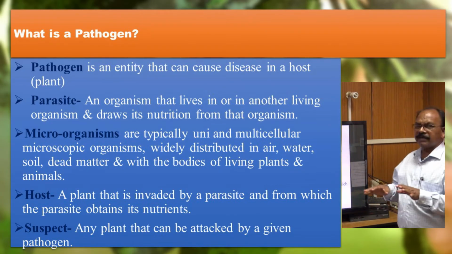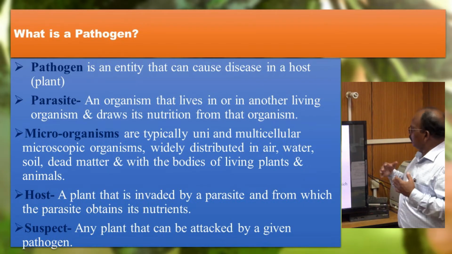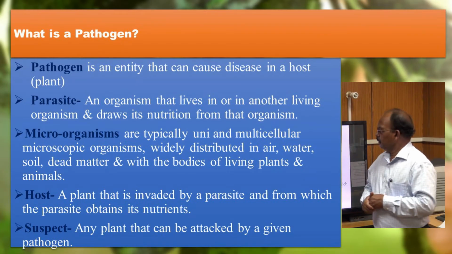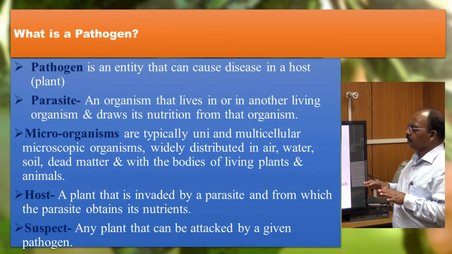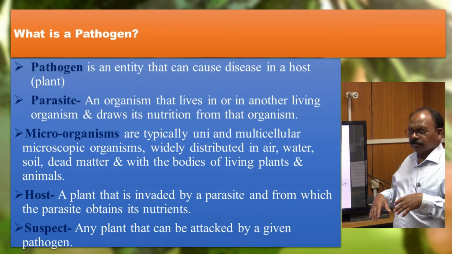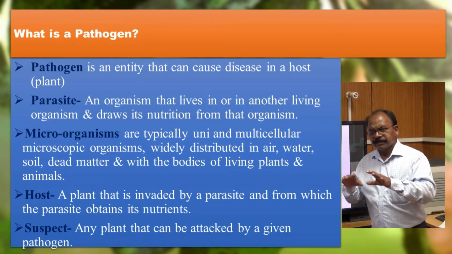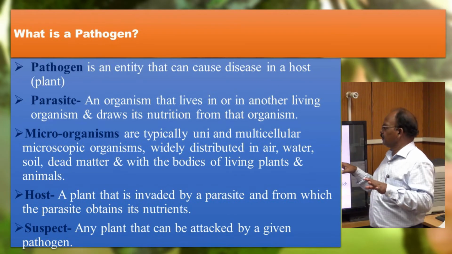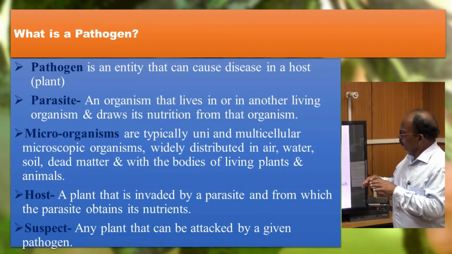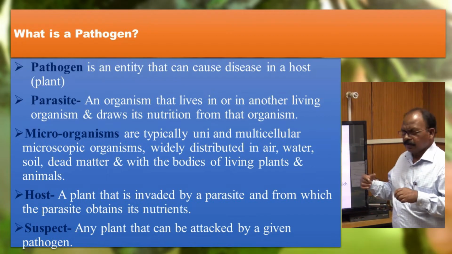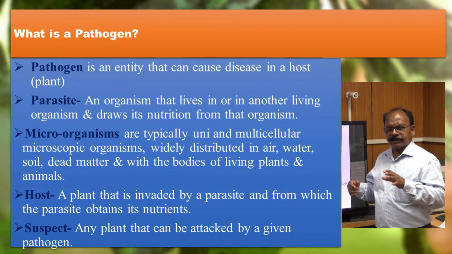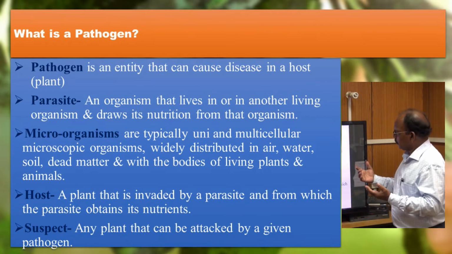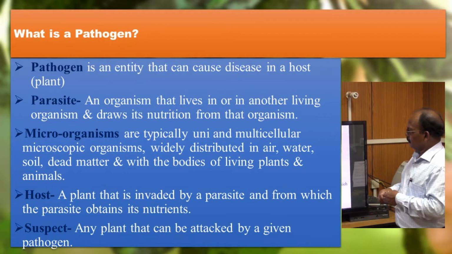Parasite is an organism that lives in or on another living organism, and from that organism it draws nutrition. That is a parasite. And what is parasitism? Parasitism is the relationship between the parasite and the host plant. And there is one term generally used, pathogenicity. Pathogenicity is the capacity of the pathogen or parasite to cause disease.